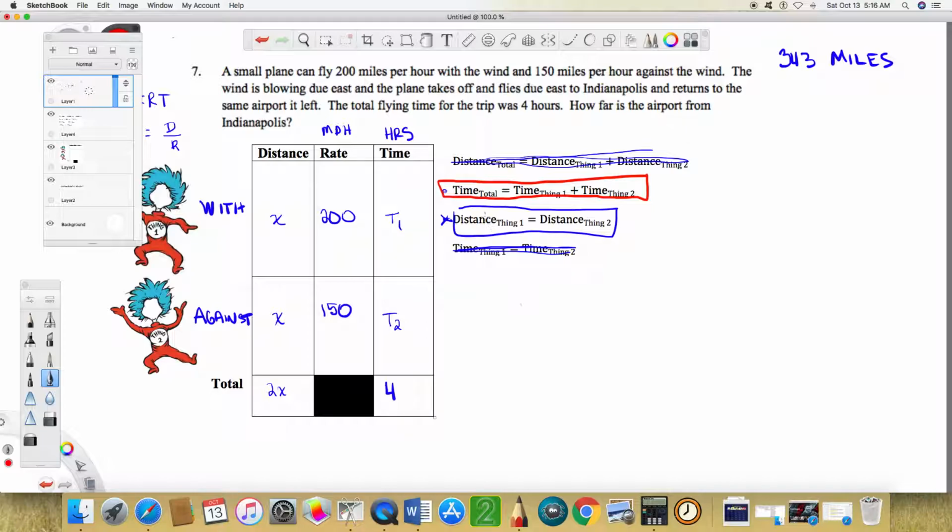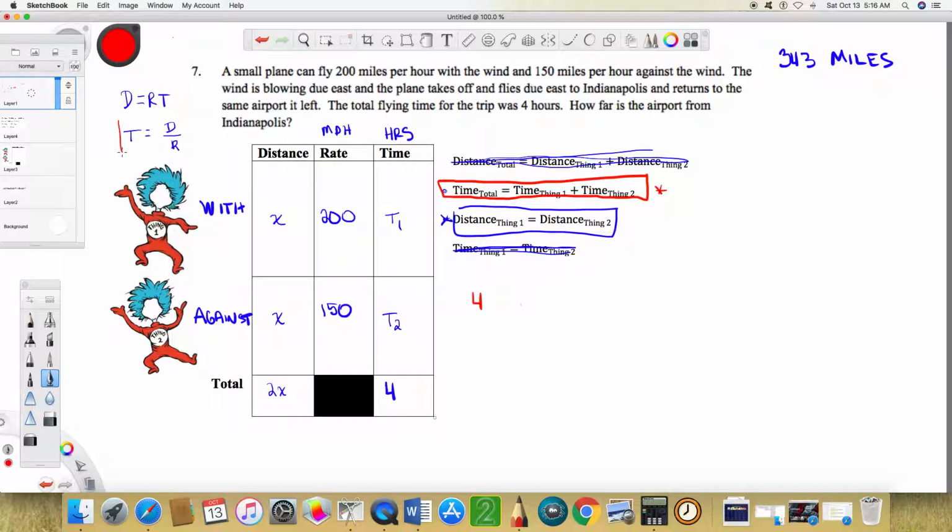All right, the total time, if we're using this one, they said was 4 hours. And we know that time is distance divided by rate. So the time of thing 1, T1, is actually x over 200. And the time T2, distance divided by rate, is x over 150.